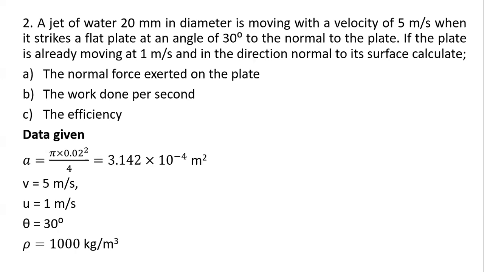Whichever the case, it's not always going to be water coming out of a jet. It can be any other liquid, and whatever density of liquid you've been provided is the one you use here. In this case, what we have is water. That's why we are using 1000 kg per cubic meter.